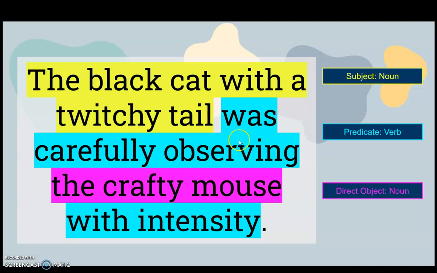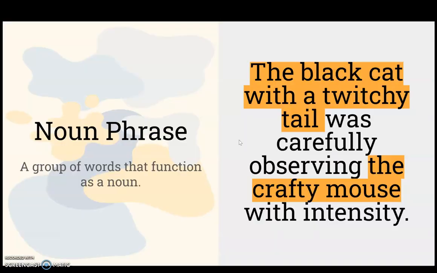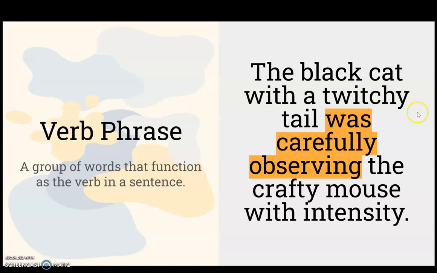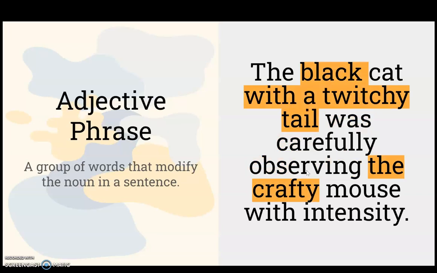It's the verb, and it's how the cat is observing. So as I showed in that previous slide, we have two nouns in the sentence. One is the subject, one is the direct object. These phrases operate together as noun phrases. The verb phrase, as I said before, is was carefully observing.